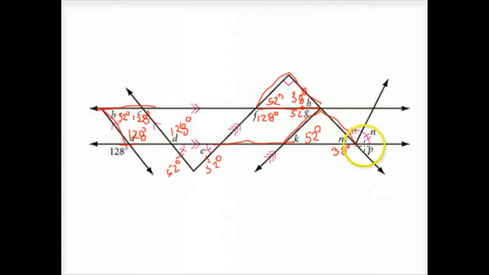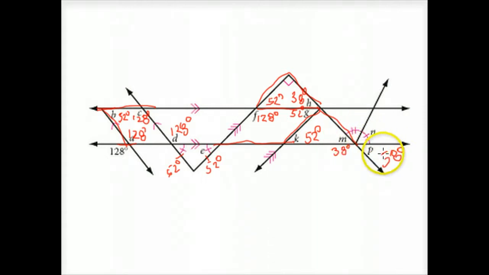Now to find out, so if M is 38, vertical angles, P is also 38. Okay, now if we think about it, 180 minus 38 is going to give us this entire angle.